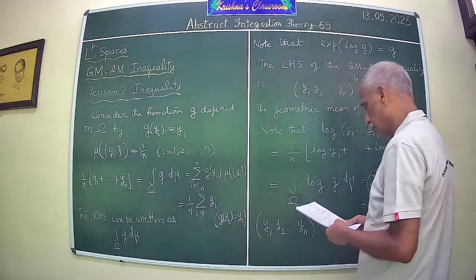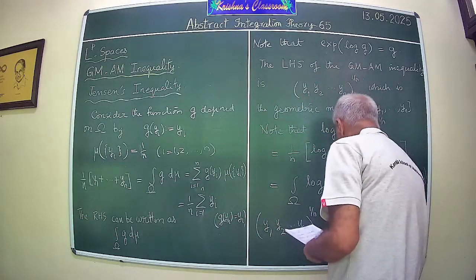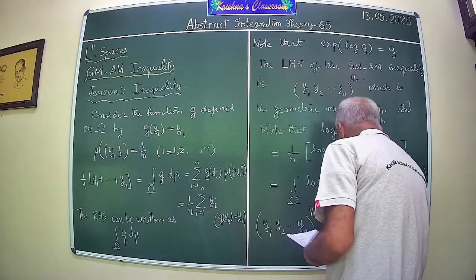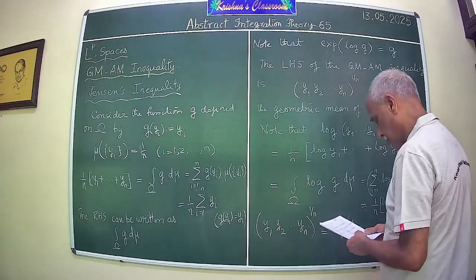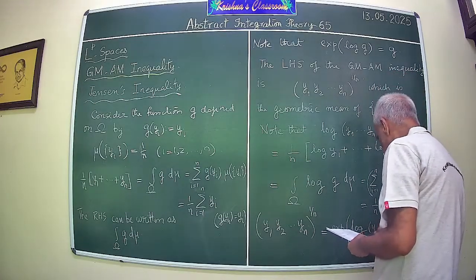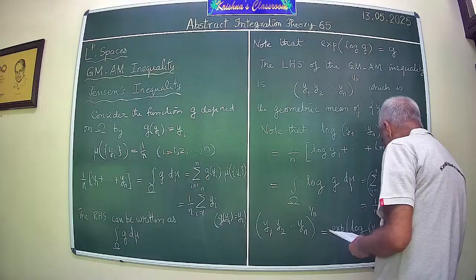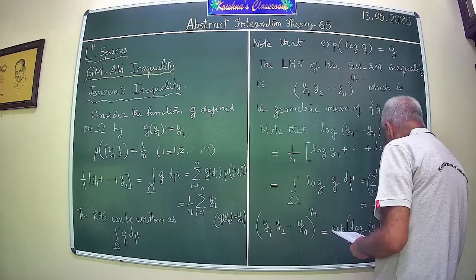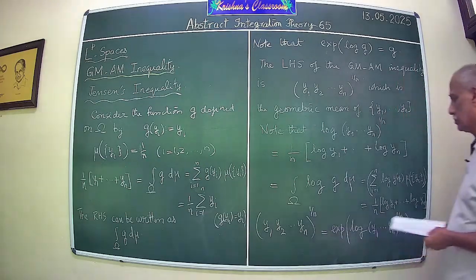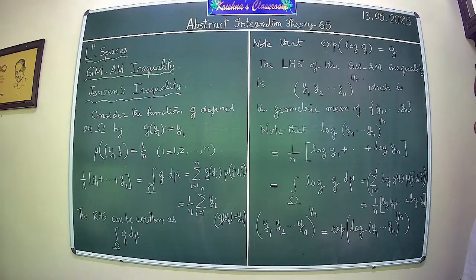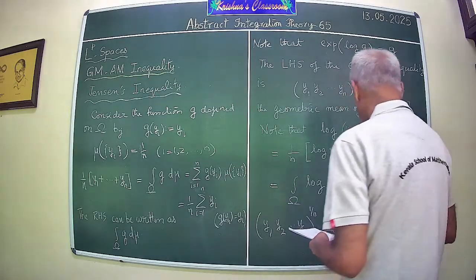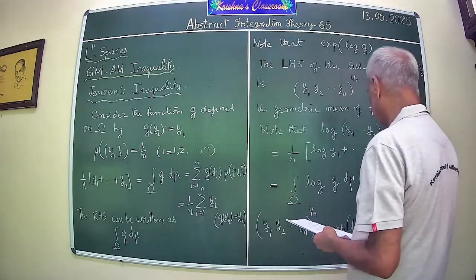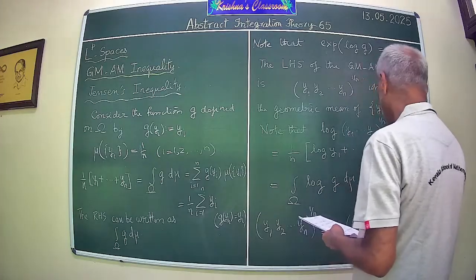One by n is essentially one by n, because exponential of log is itself. We use that.